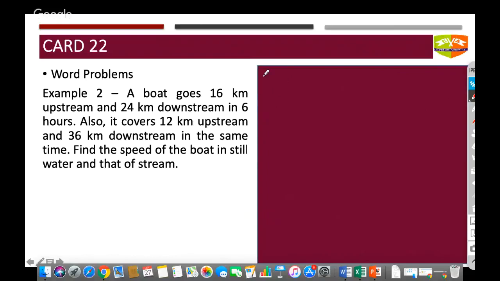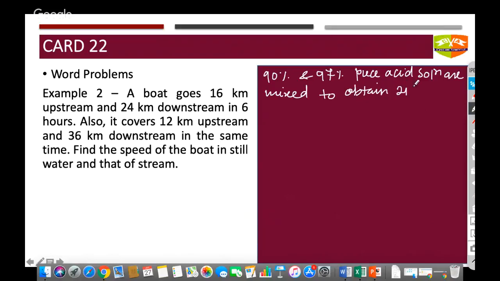Now I'm taking the last question in this topic, and the question is like this: 90% and 97% pure acid solutions are mixed to obtain 21 liters of 95% pure acid solution.